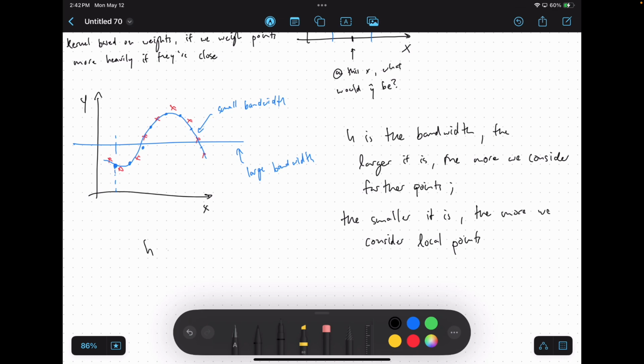So H normalizes xi minus x when big, and H magnifies xi minus x when small.